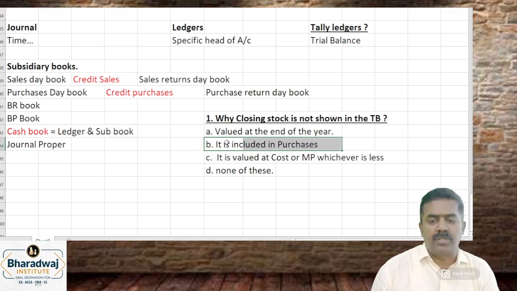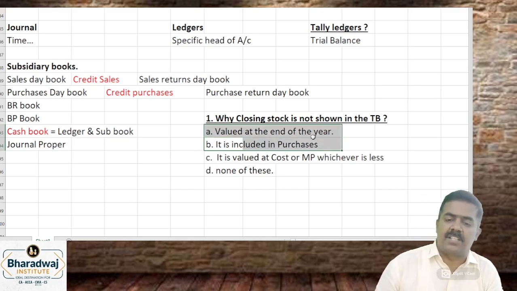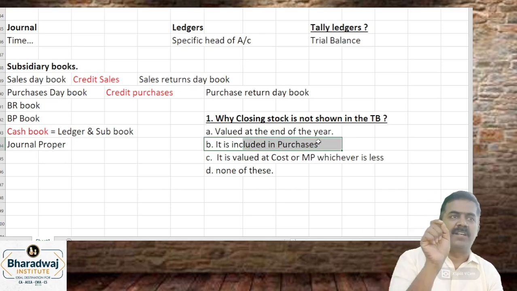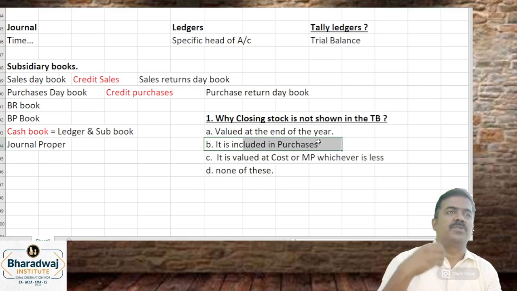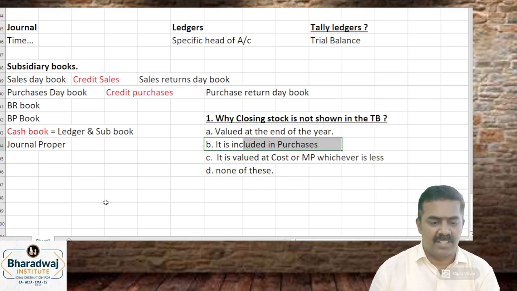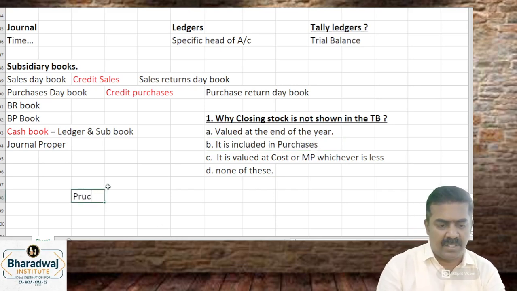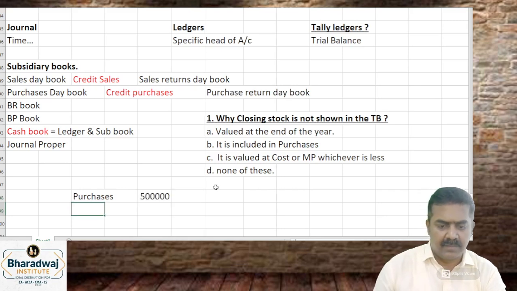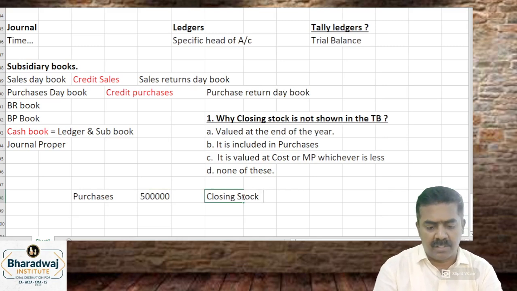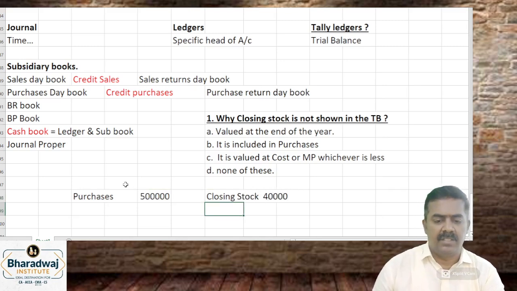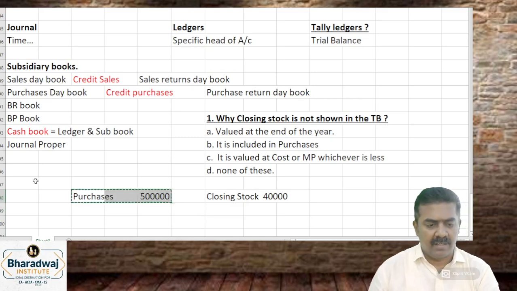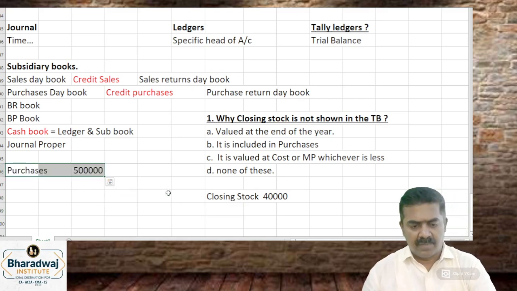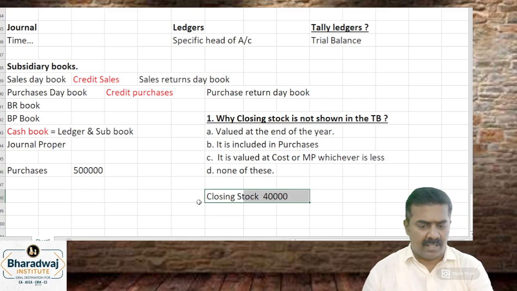If you want to show the closing stock in the trial balance, you must adjust purchases. Purchases minus closing stock, and then the closing stock can be shown inside. For example, purchases are 5 lakhs and closing stock is 40,000, shown outside the trial balance.